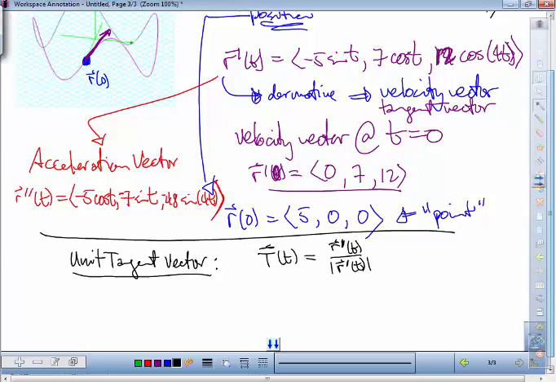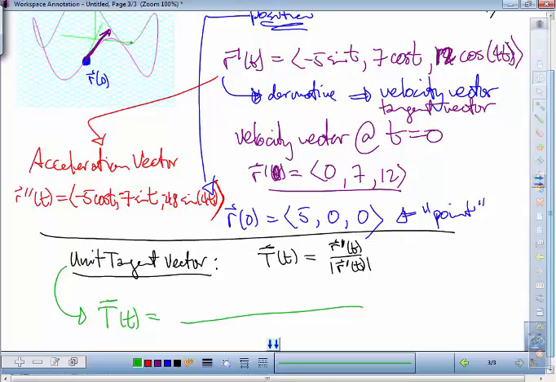So in our example over here, the unit tangent vector is essentially going to be this vector divided by the magnitude of this vector. So the magnitude of this vector, we have to do that big thing where we square it and stuff.